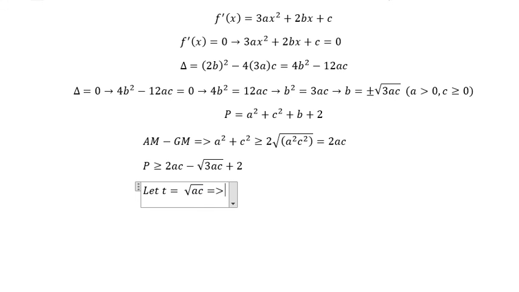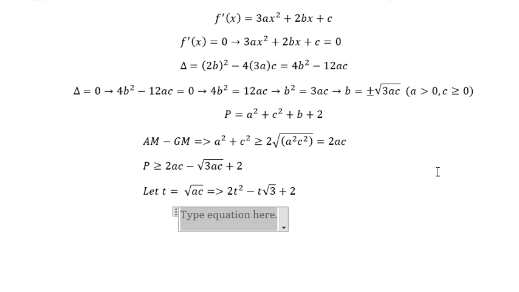So in here we have 2t squared minus t multiplied with the square root of number 3 plus 2. Now we need to find the minimum value of this equation. So we need to put f of t equals this equation.